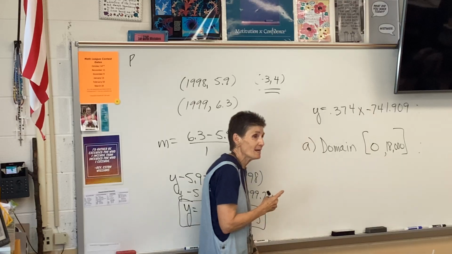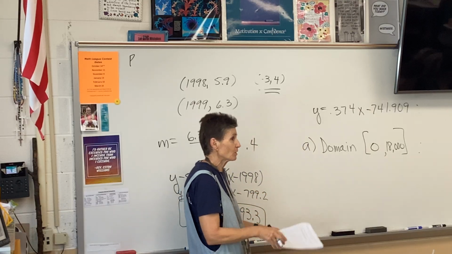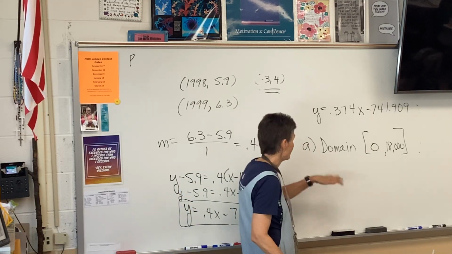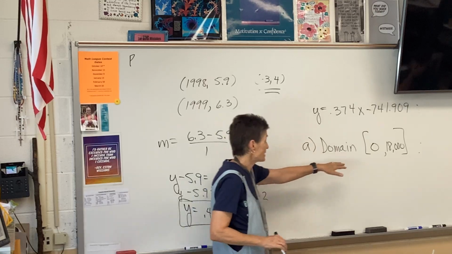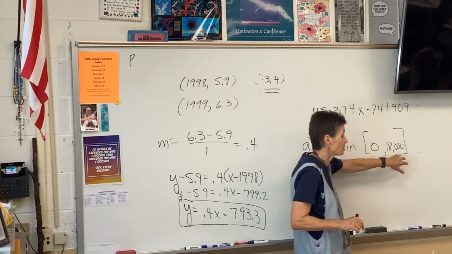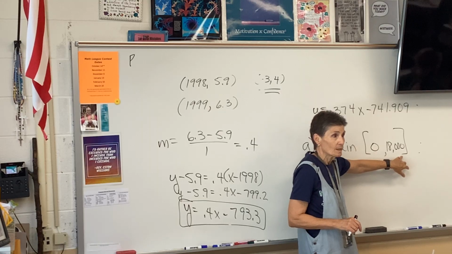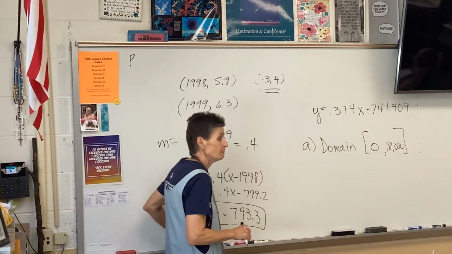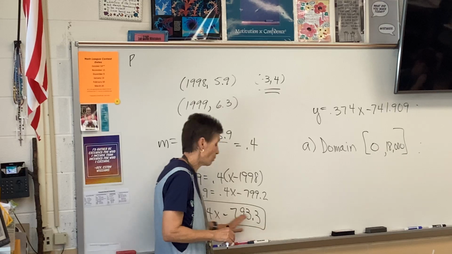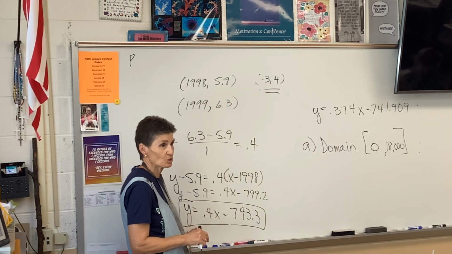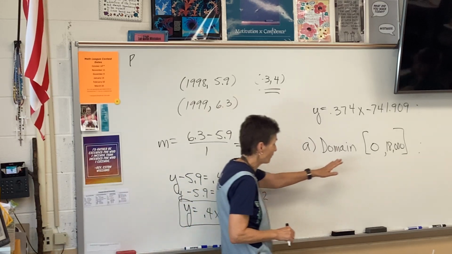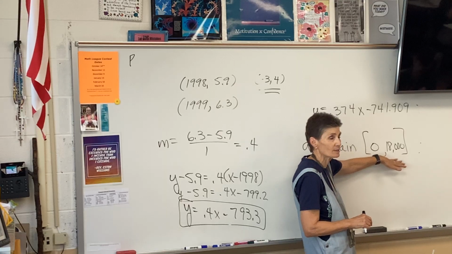That's called your domain. If we were gonna graph this, which there's no reason to, but if we were gonna graph that, this would be your X min and your X max in your window. Because when you just look at the equation, you don't know what the limitations are. So you have to tell the calculator these are the limitations.